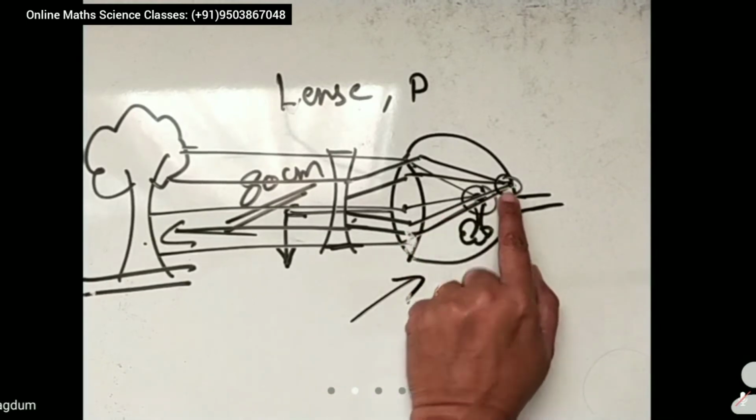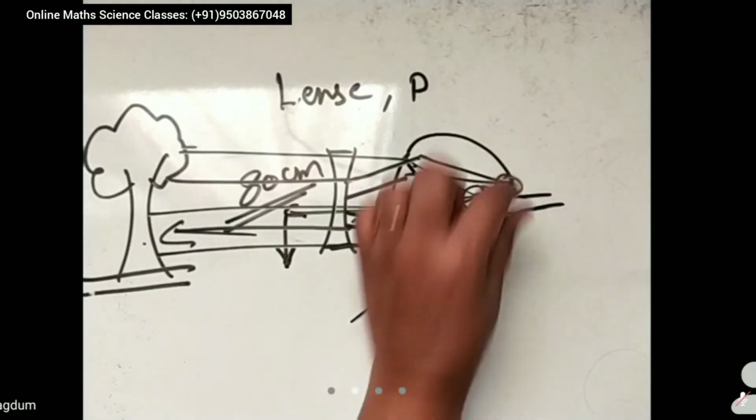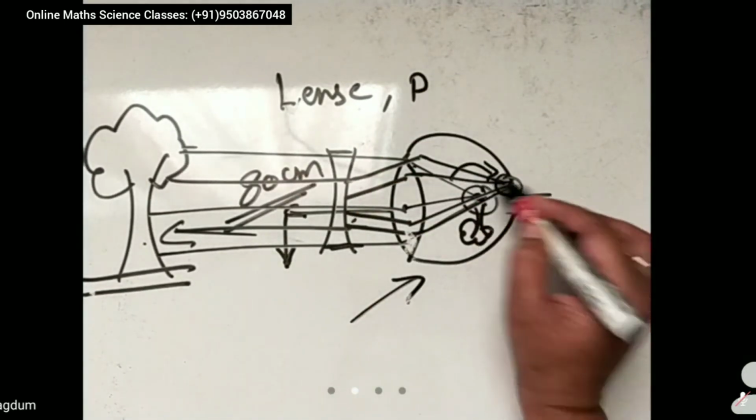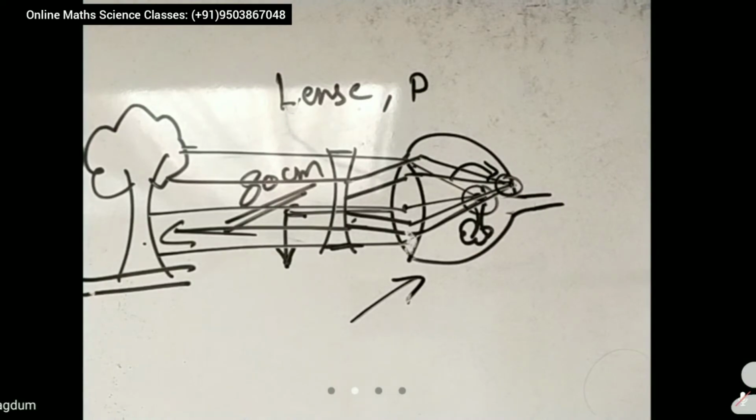Converge करता है. तो यहाँ पे ये rays जो हैं वो converge हो गए, वो थोड़े back shift हो जाएंगे and then the image will form on the retina.